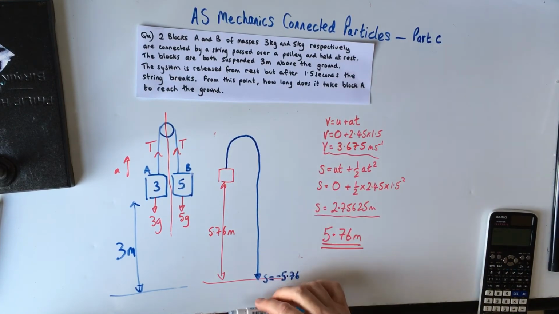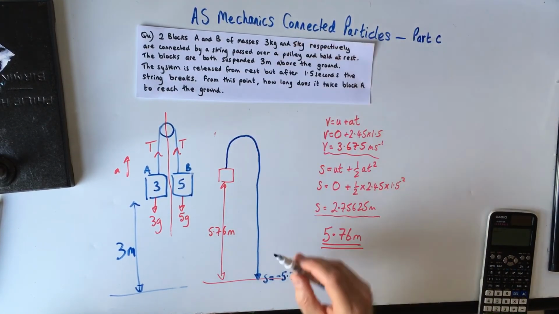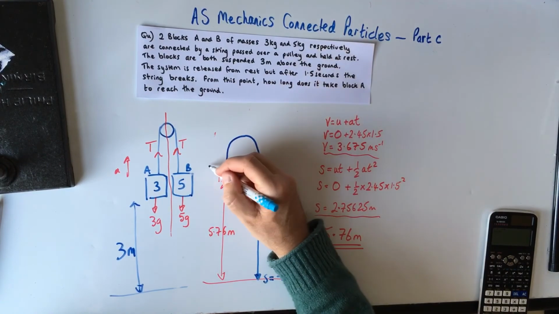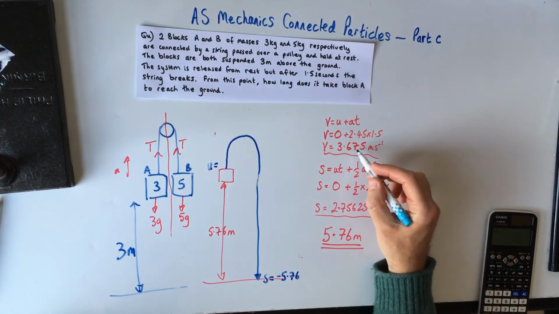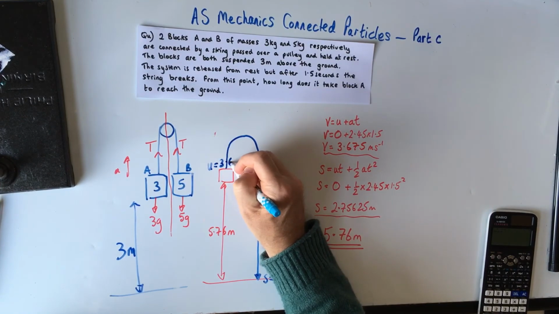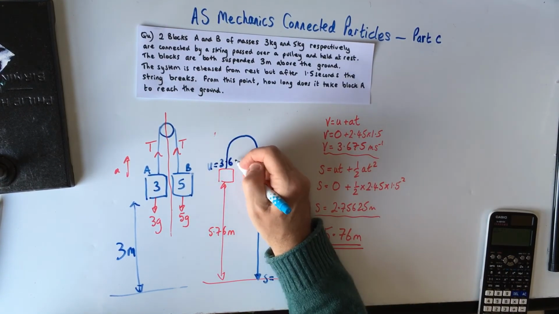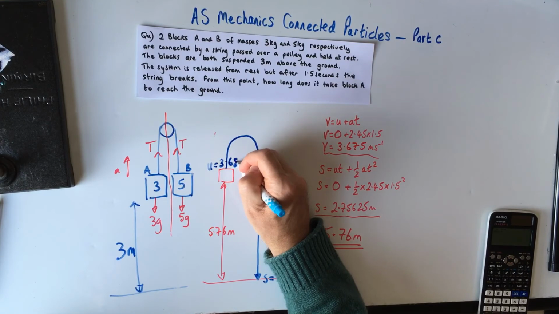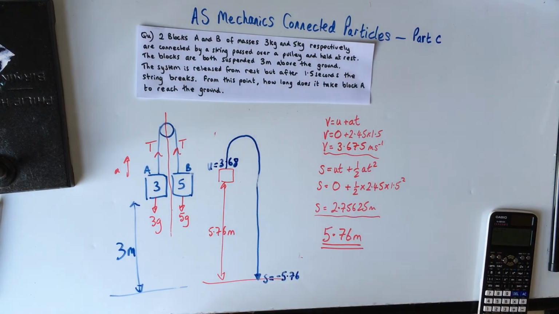Remember, down is going to be negative, up is positive. And if up is positive, it allows us to put the initial velocity in as a positive number, which is 3.675. So I'm going to go 3.68. That's our initial velocity.